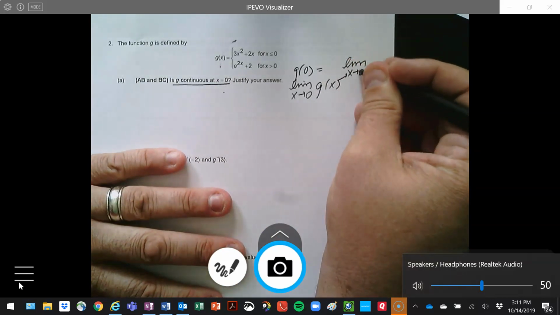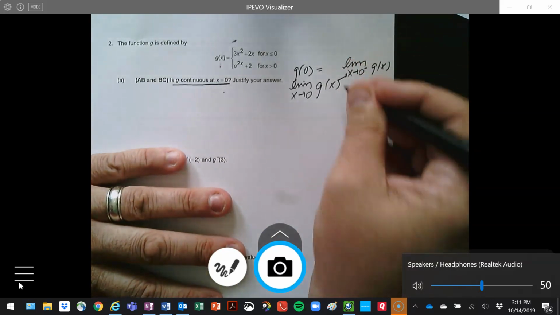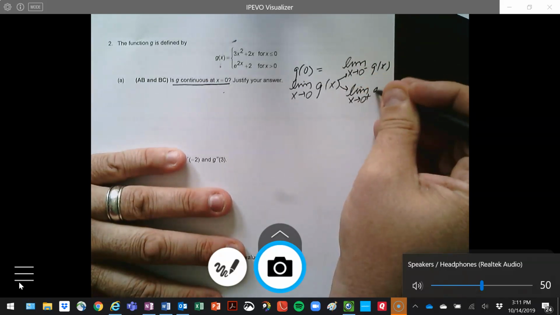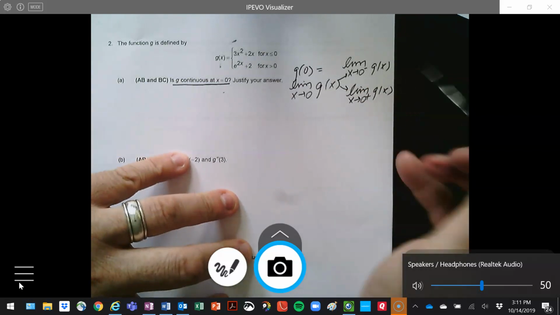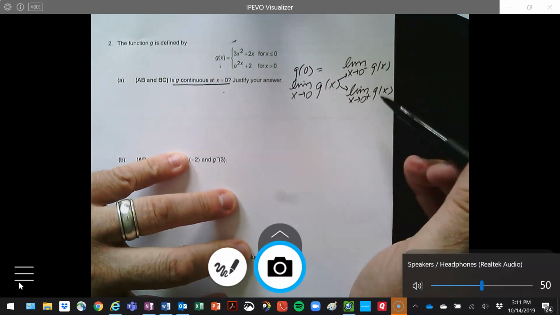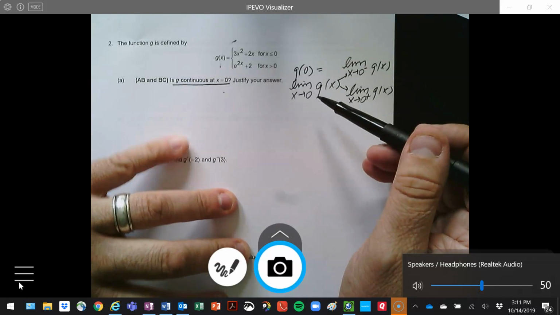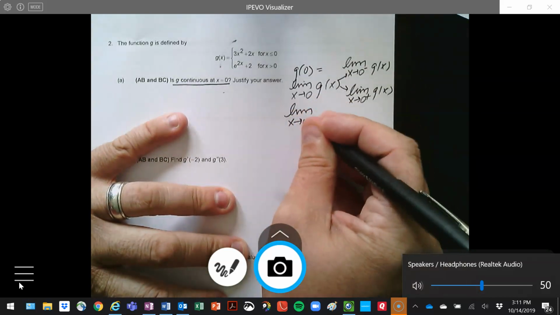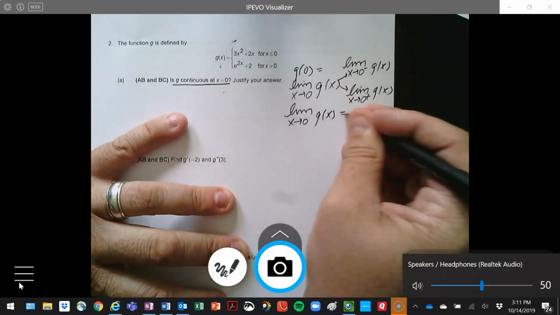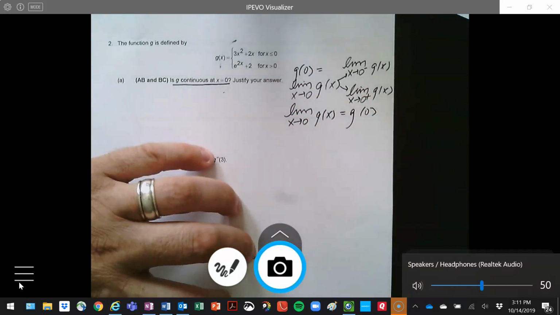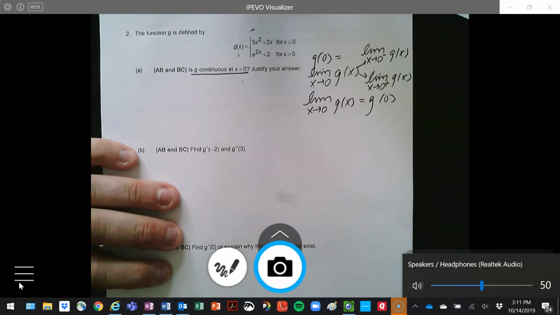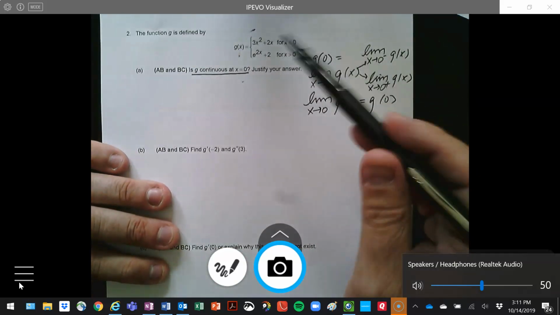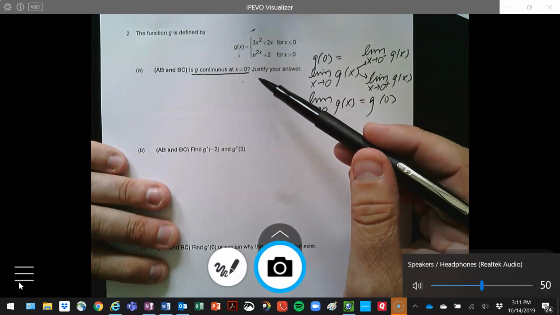We have to look at the limit as x approaches 0 from the left, and the limit as x approaches 0 from the right. We need those two pieces to be equal to each other for the limit to exist. And finally, the third piece is to show that the limit as x approaches 0 is equal to the value of the function at 0. We need all of this to be true to demonstrate that g is continuous at a point.